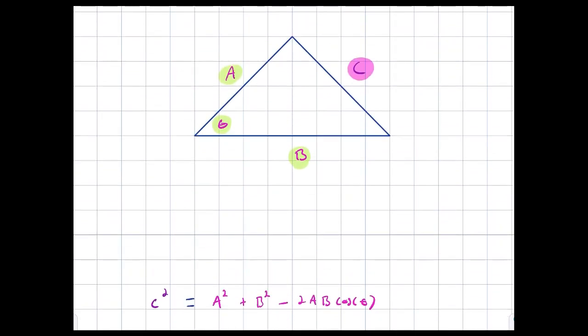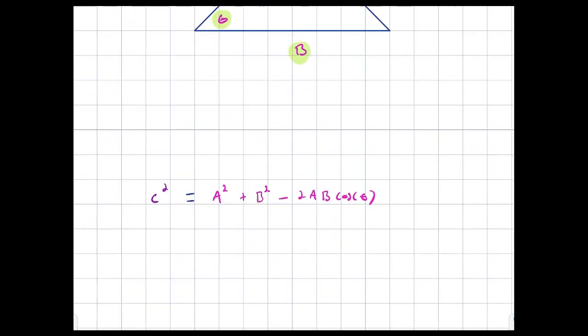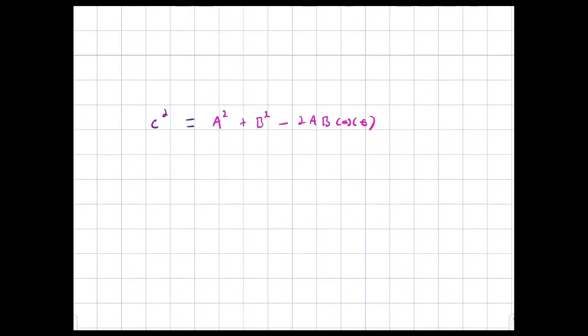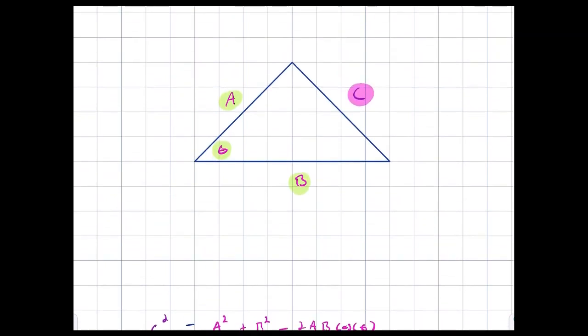These are a bunch of known quantities. I know what theta is, I know what A and B are. So I can just take square roots of both sides. I can say C is equal to the square root of A squared plus B squared minus 2AB times cosine of theta. And that allows me to solve for C.